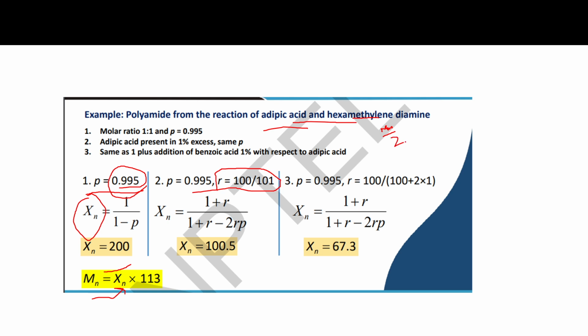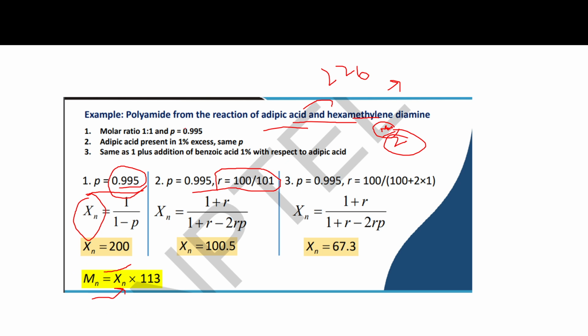So you have to divide it by its functionality. For this case, the repeating unit molecular weight comes to around 226, right? So from 226 you divide by 2, and it comes to around 113. That will be the repeating unit molecular weight, and from that we can calculate the molecular weight of this polymer.